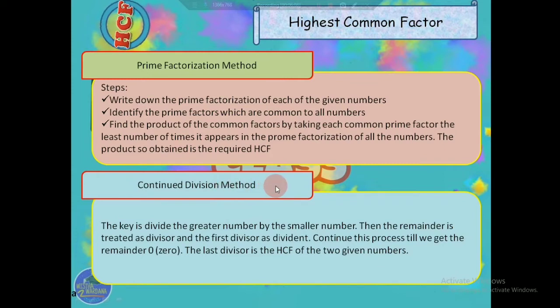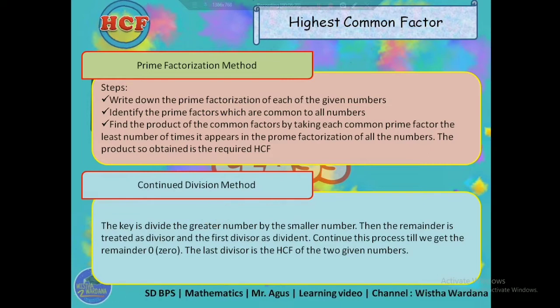This is the fastest way, especially to answer an HCF problem that involves large numbers. I don't want to explain it more because I would like to go directly to the example after this. I think it is better to explain by example.